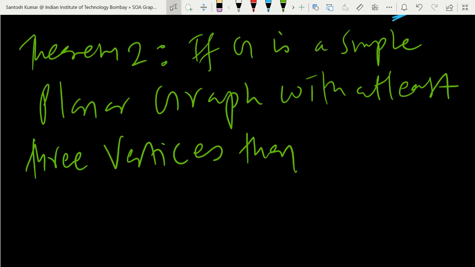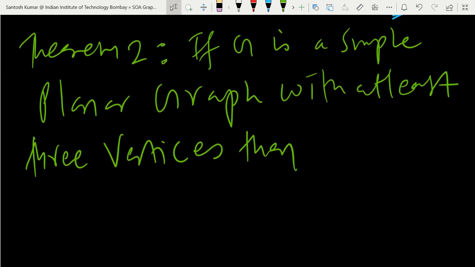If you see the face boundary, how many edges are in a face? Suppose you have a graph and you have one face. A face contains the number of edges enclosed by the face. So what is the minimum length of a face?